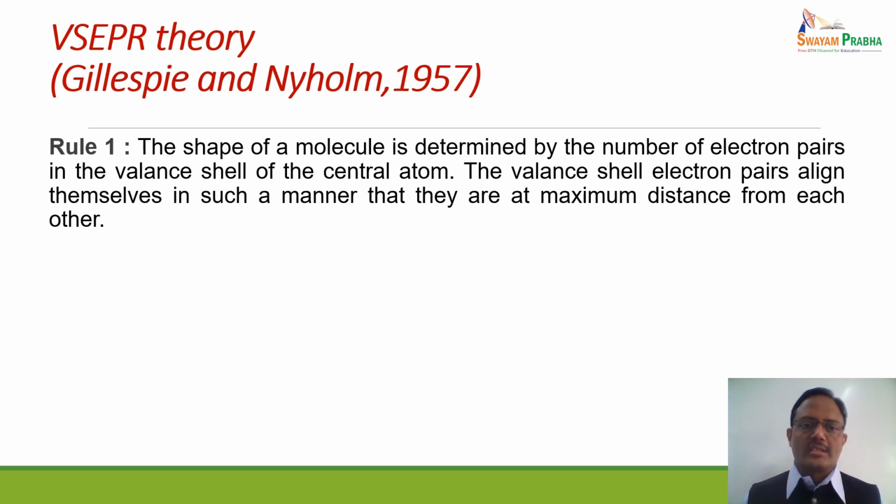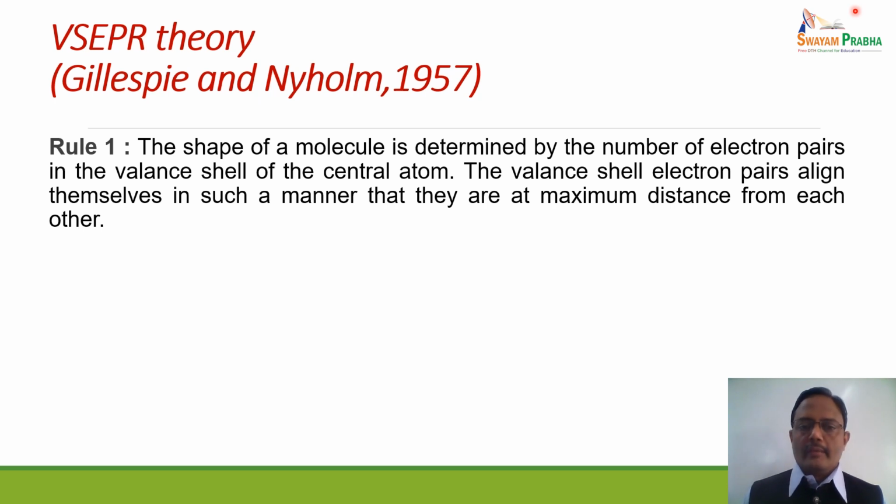The first rule says that the shape of a molecule is determined by the number of electron pairs in the valence shell of the central atom. The valence shell electron pairs align themselves in such a manner that they are at maximum distance from each other.